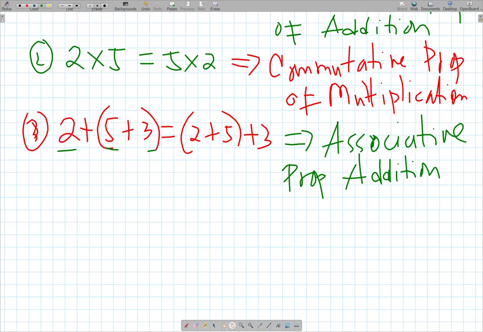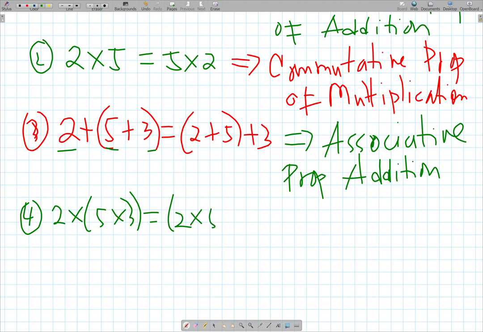Next is number 4. Example. Let's say, 2 times 5 times 3 equals 2 times 5 times 3. Okay? So, ilan ba yung number dito? How many? There are 3 also, no? 2, 5, and 3. So, pag tatlo ang number involved dito, that is associative.